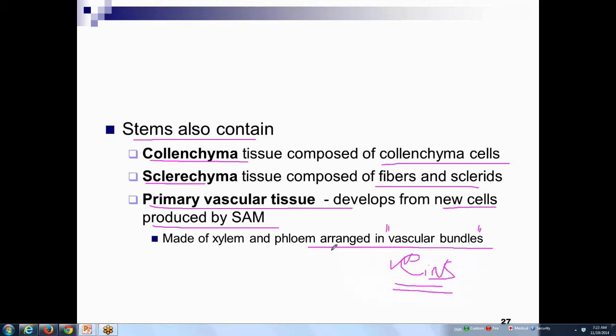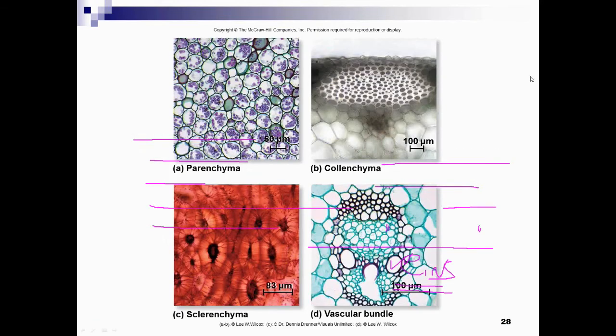The xylem and phloem that first arise are the primary xylem and primary phloem. Later on, through lateral meristems and secondary growth, we'll get secondary xylem and secondary phloem, which results in thick stems like woody stems.